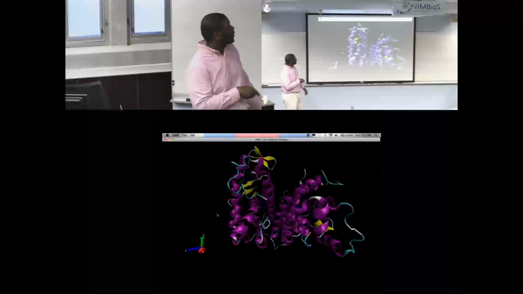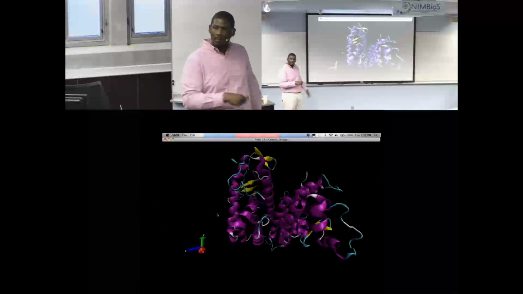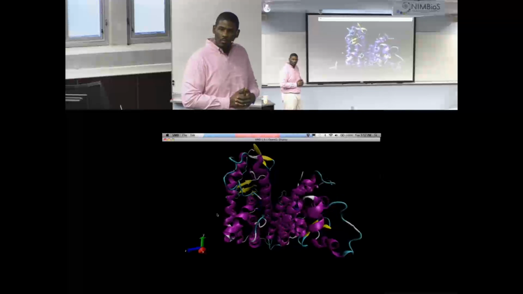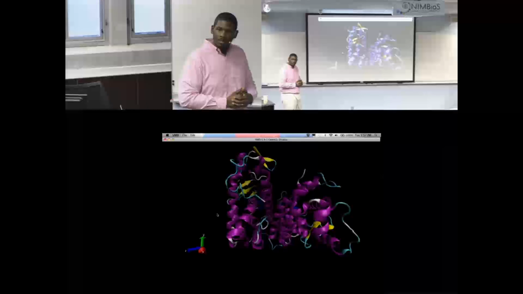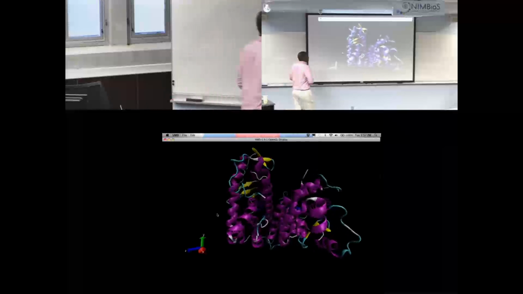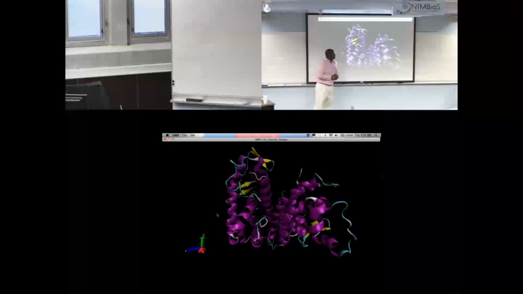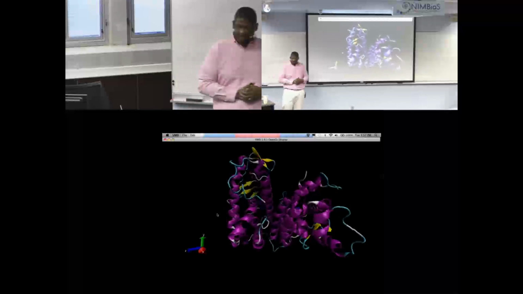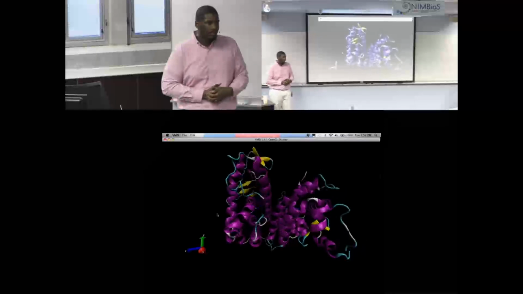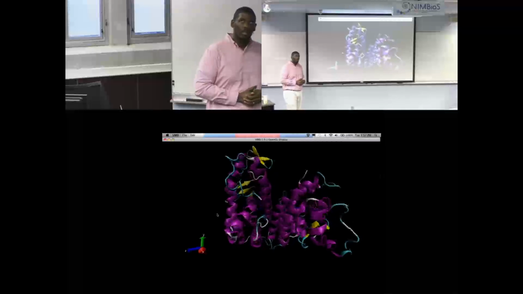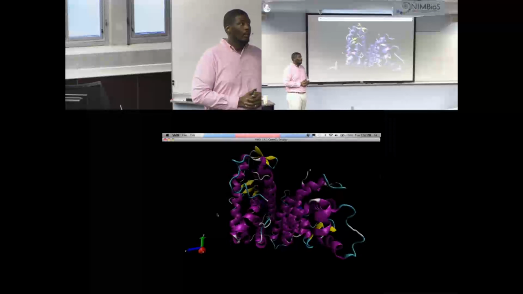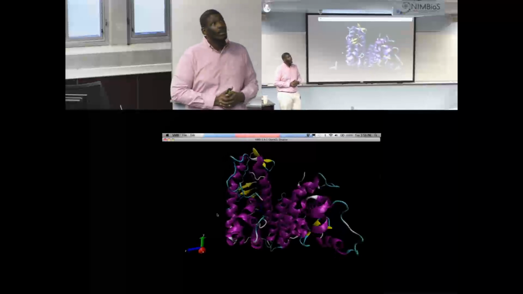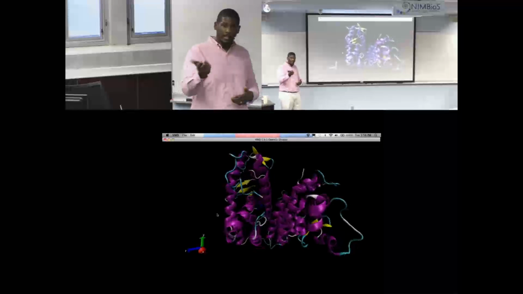The dimensionality, you mean like from side to side, how the scale? Yeah. In this system there's maybe 500 residues, with about 100 atoms per residue. So you have like 50,000 atoms, and each one has 3 coordinates.